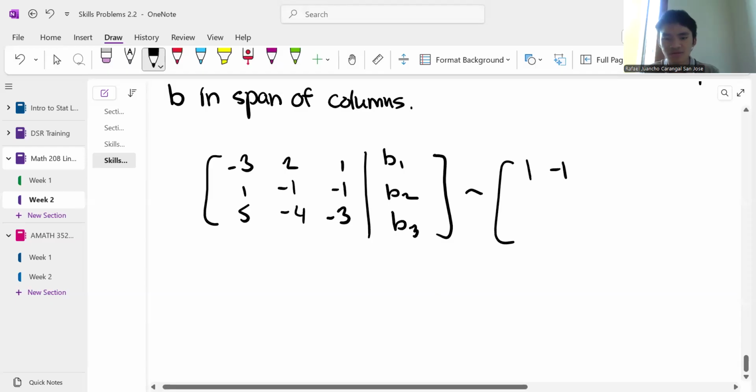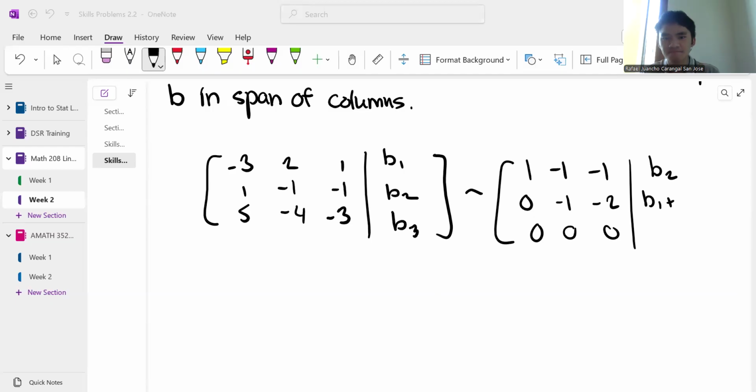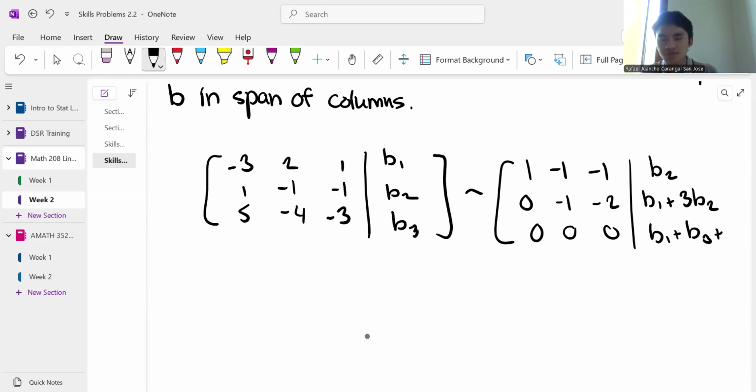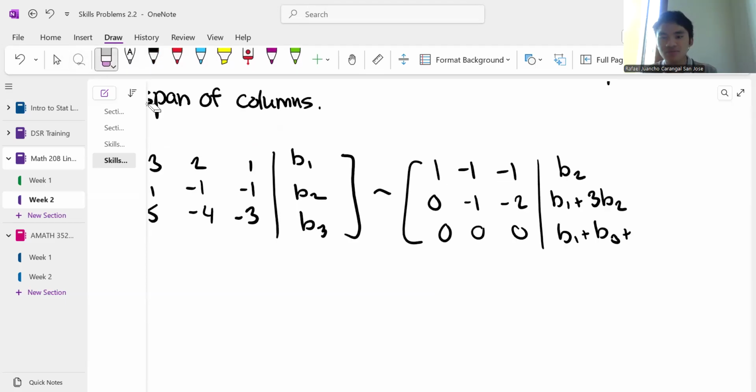So we should have this thing. 1, -1, -1, B2. Then we have 0, -1 and 2, -2. Then we have 0, 0, 0, B1 plus 3B2... B1 plus B3, minus 2B2.